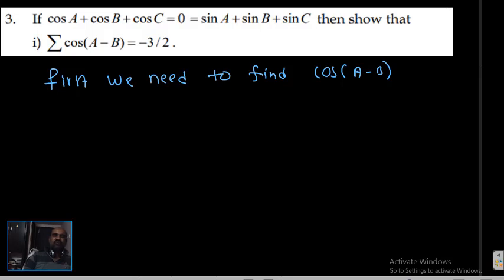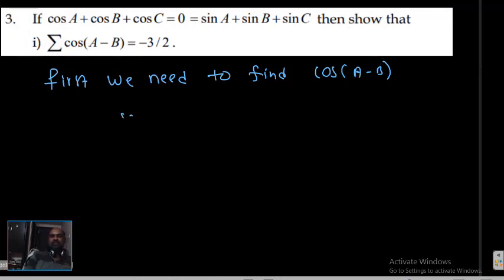So my target is to find the value of cos of (a minus b). I don't want c. From these equations I will eliminate angle c. Or if you want cos of (a minus c), for example, we should eliminate b from these two equations. I will show you how to eliminate that.